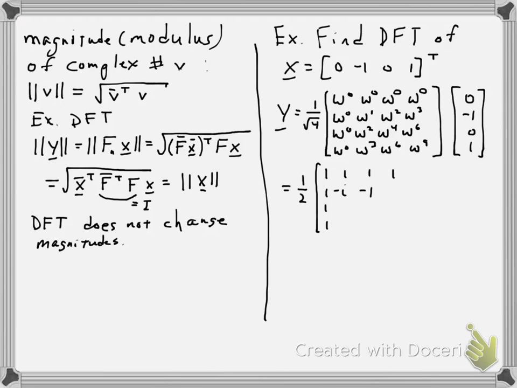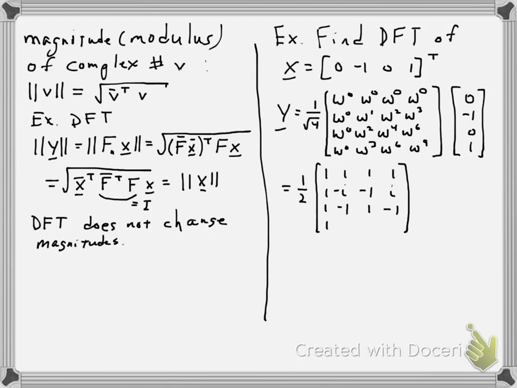And then if we go another 90 degrees, which would be omega cubed, we are now on the imaginary axis at i. Okay. And so if we go to the third row, omega squared, we just computed that it's -1. Omega to the 4th power is now, we're back to 1, and omega to the 6th power is now similar to omega squared, which is -1.